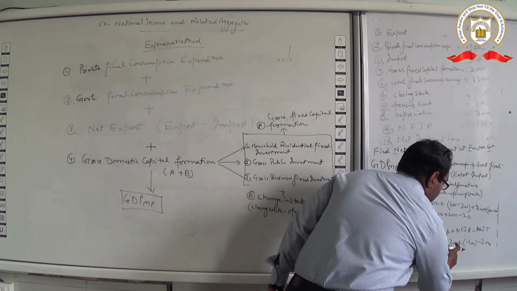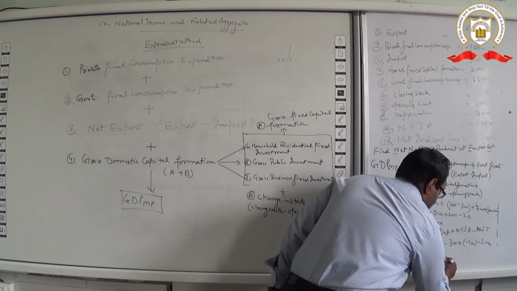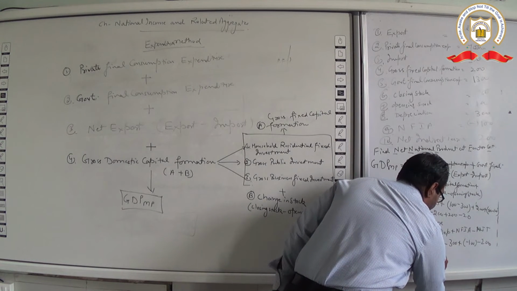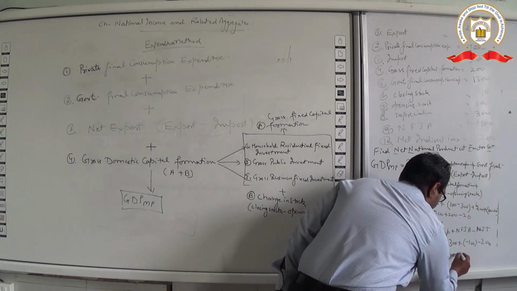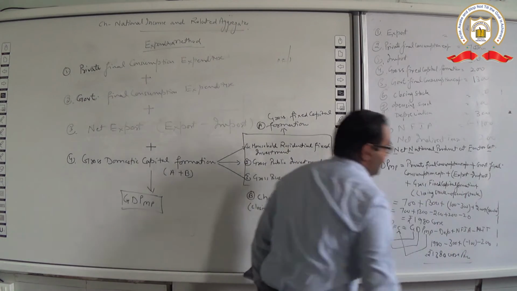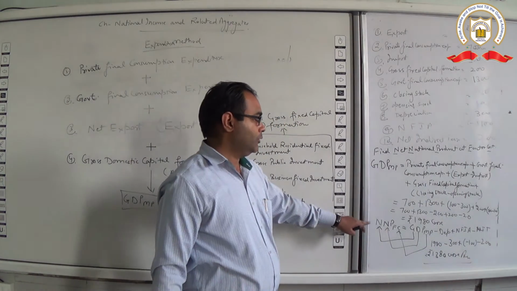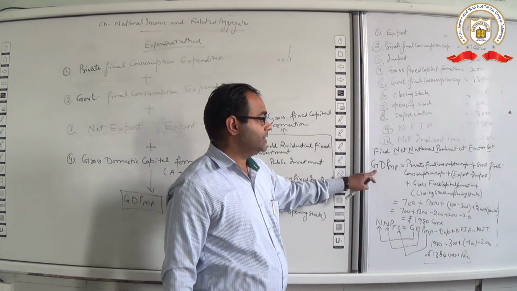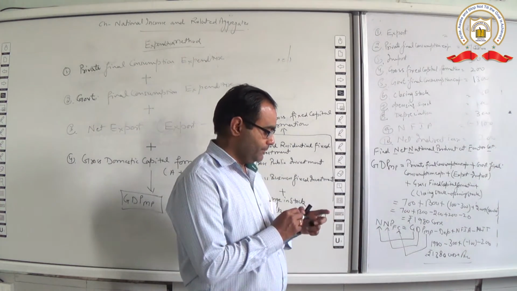So 1380 crore rupees is the final answer for national income or NNP at FC by using the expenditure method.